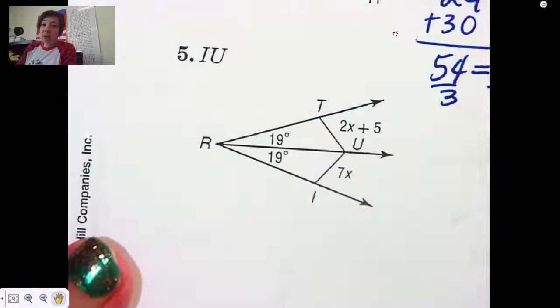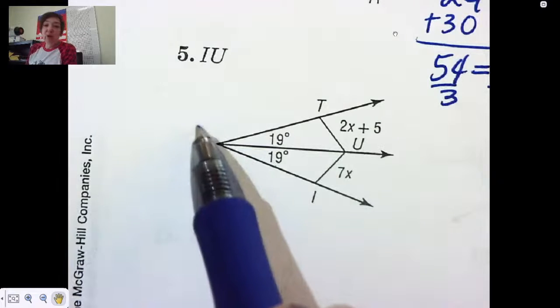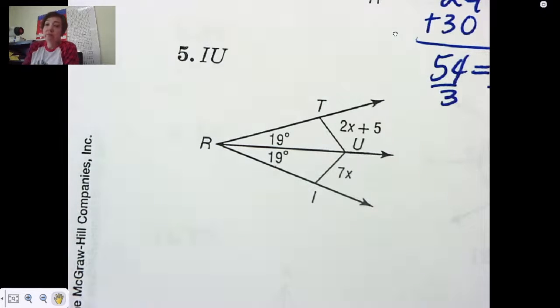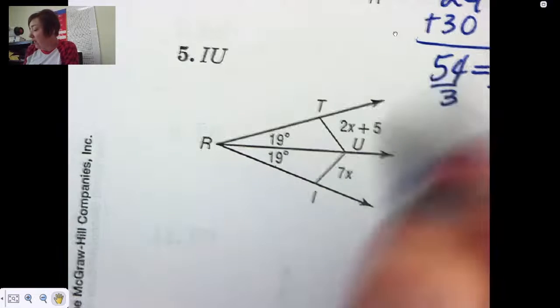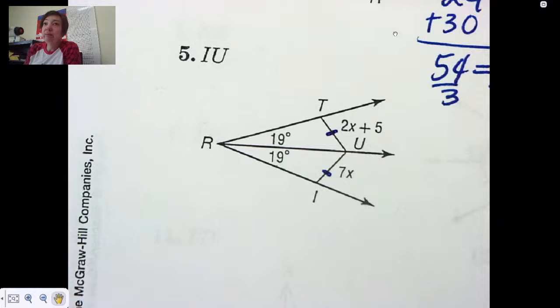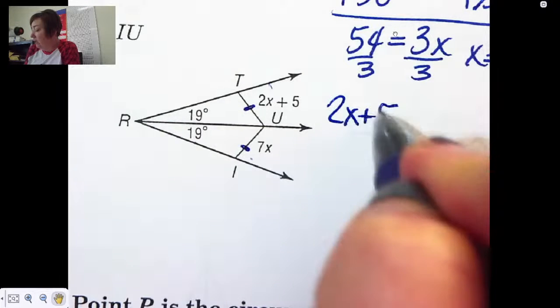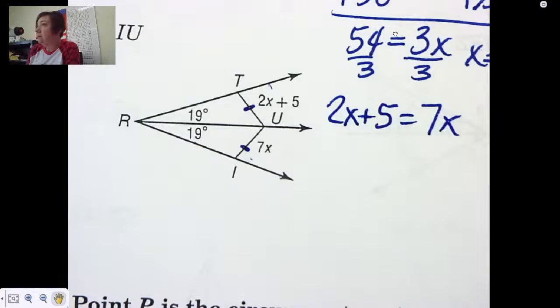Okay, look at IU. So 19 and 19. What does that tell us about RU? It's an angle bisector. If it's an angle bisector, then that means that this segment and this segment are congruent. If these two segments are congruent, we can set up a little equation that says, oh, look, 2x plus 5 equals 7x.